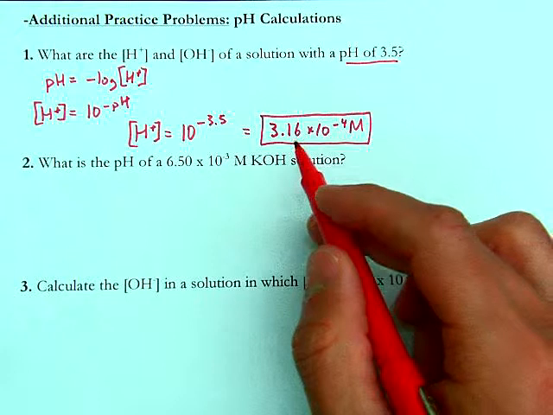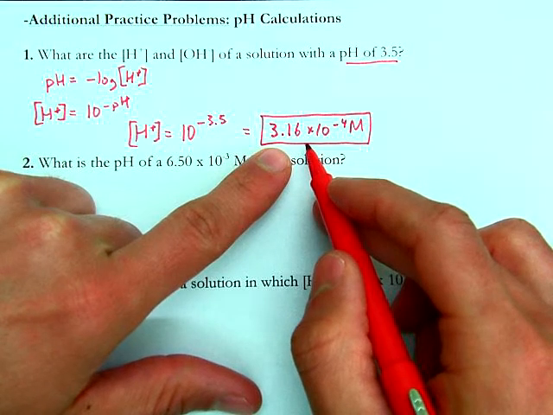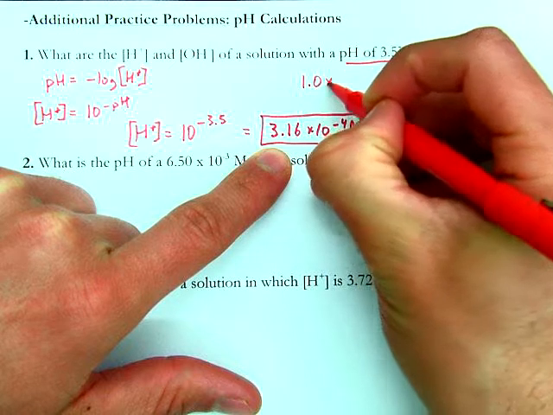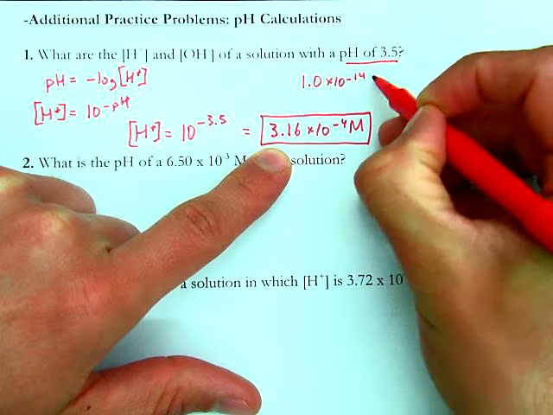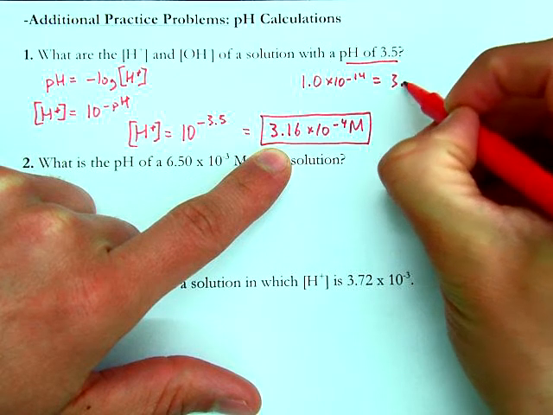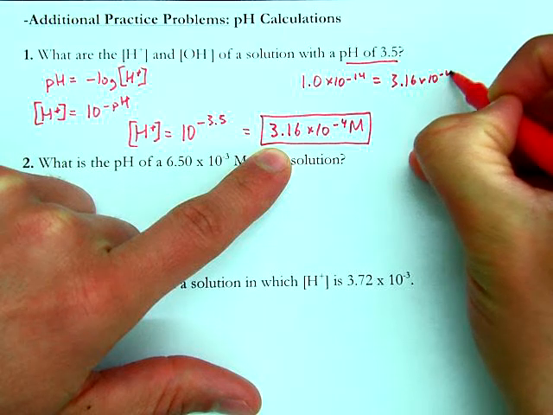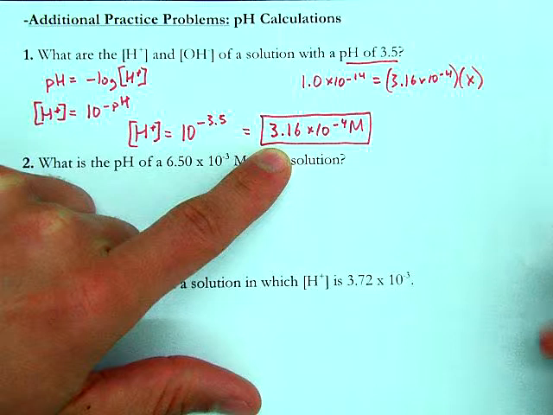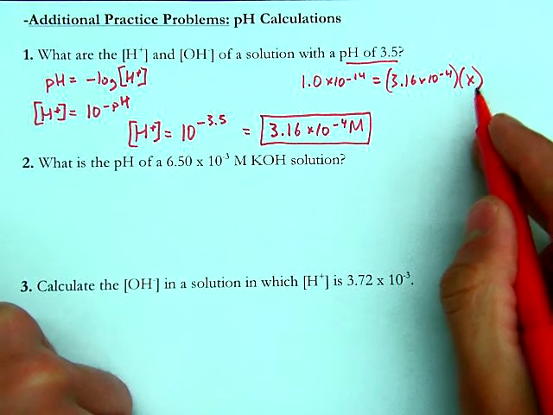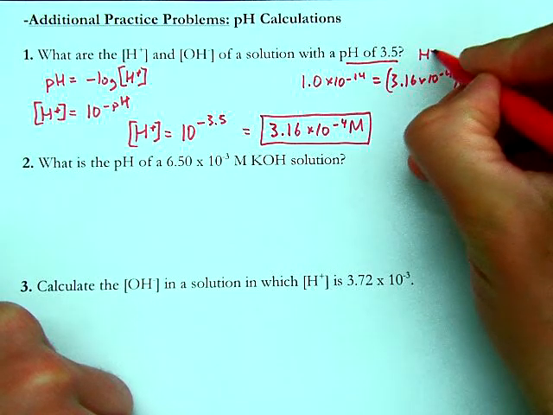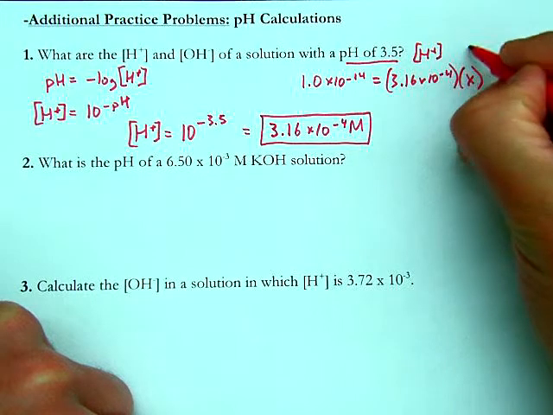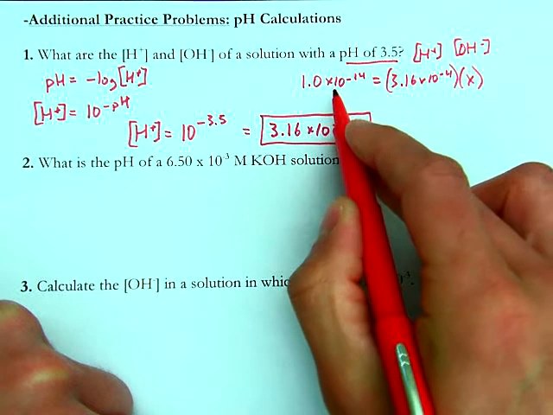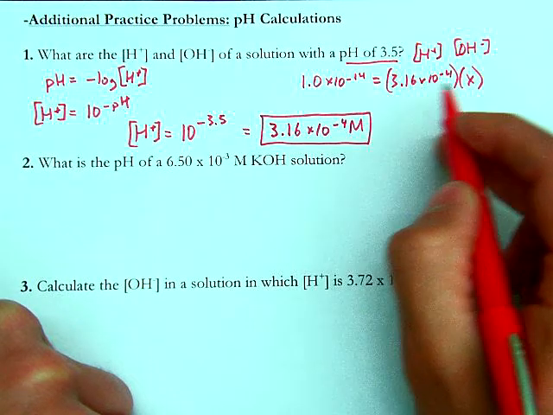For this problem, it's basically writing 1.0 times 10 to the negative 14 equals 3.16 times 10 to the negative 4 times x. That's what we're solving for. Because if you take your concentration of H and multiply it by your concentration of OH, you get this number. So we know this one, we're solving for this one.